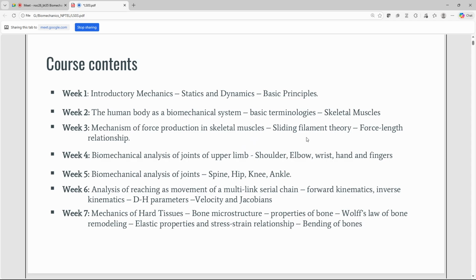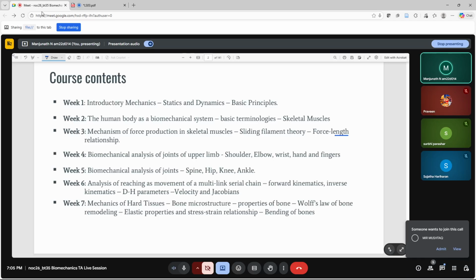So there is one theory called sliding filament theory: how the chemical reactions or the biochemical elements inside our body are activating skeletal muscles, how the force is being developed, and with respect to that, how the length of the muscle or the sarcomere is changing. That is basically what is helping us at each and every moment of our body.